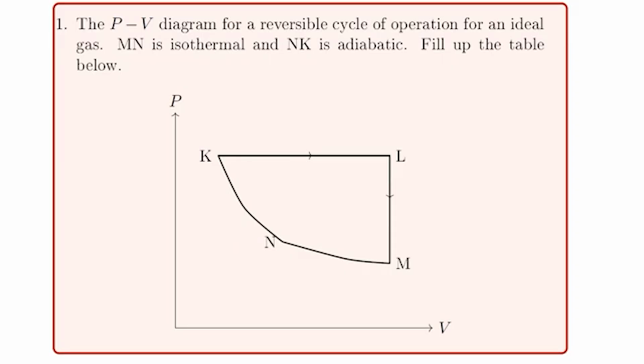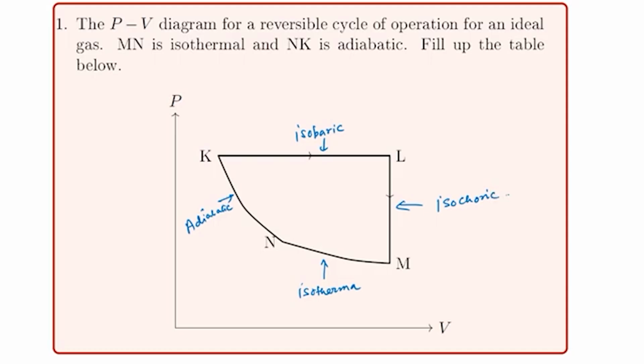MN is isothermal, NK is adiabatic, KL is at constant pressure, so it is isobaric, and this is at constant volume, so it is isochoric.